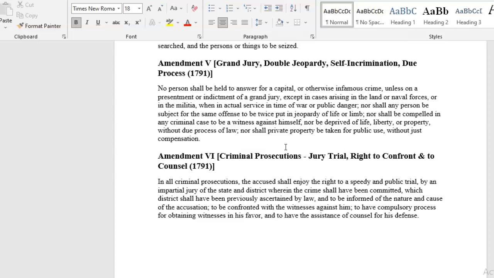So other than military stuff, no person shall be held to answer for a crime unless on a presentment or indictment of a grand jury. So what they have to do is go to a grand jury.